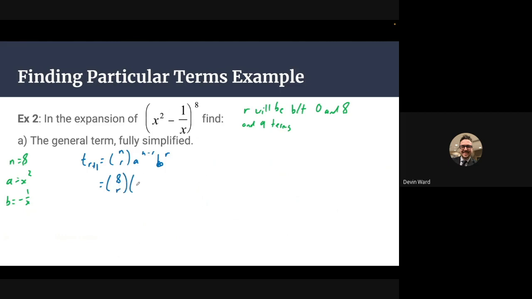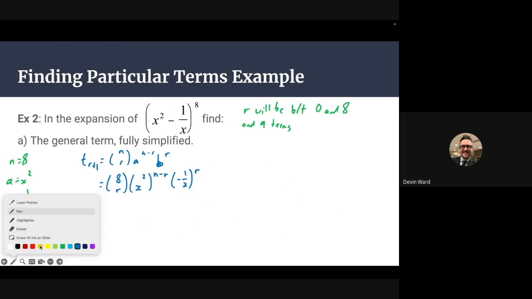I have x squared to the power of n minus r. I have negative 1 over x to the power of r. Oh, sorry, I forgot to sub in what n is there. I know that n is 8, so I'll put 8 there.